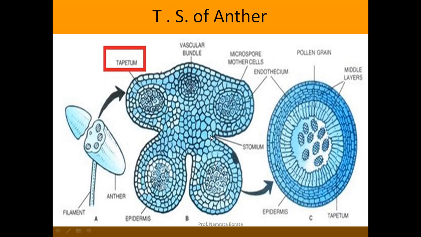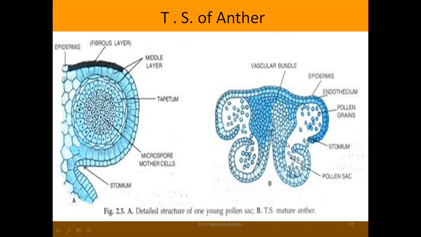So in the groove region the thickening is less, but around the pollen sac the callose thickening is more, because these endothecial cells help in the dehiscence of the anther at maturity.